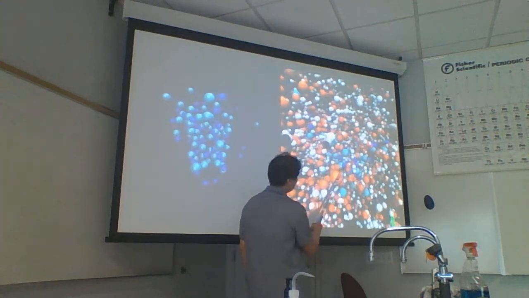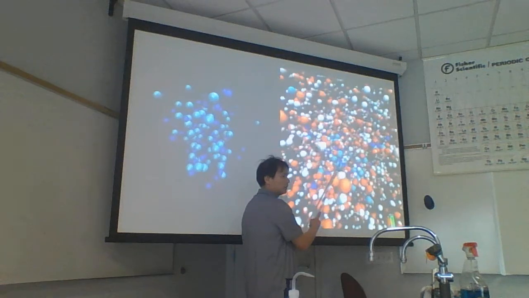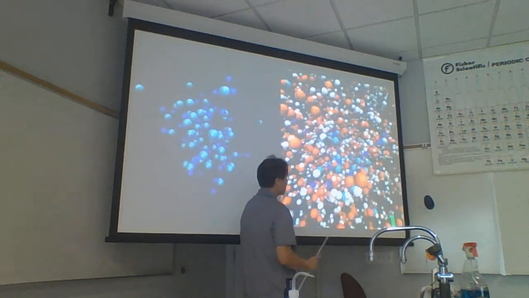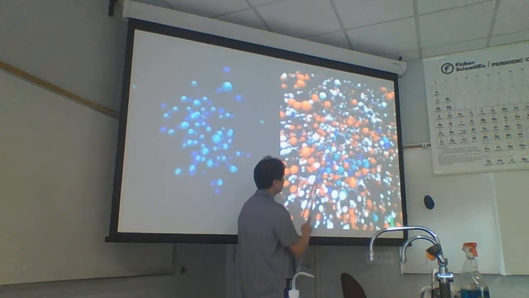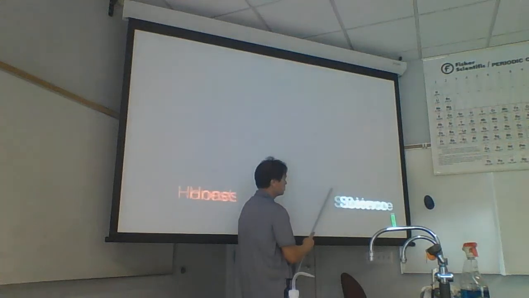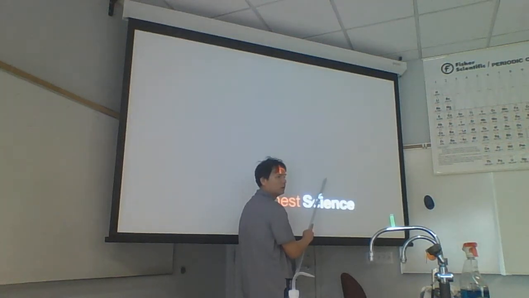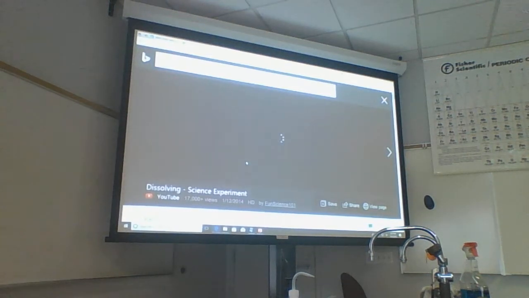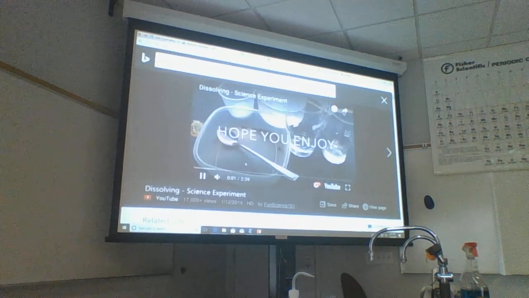The water molecules are basically taking apart the lattice, and the ions are becoming dissolved in water. Do you see any molecules of sodium hydroxide that form there? No. And so the same thing is going to happen here with this salt.